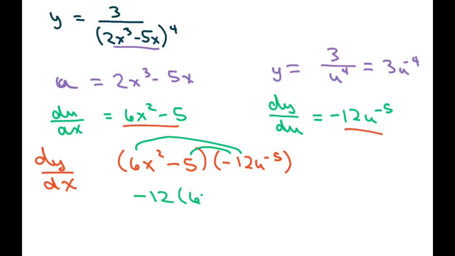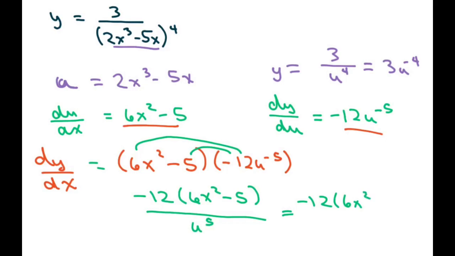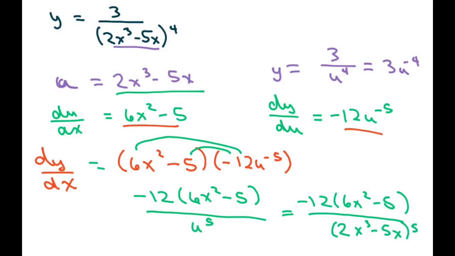So we get 6x squared minus 5 over u to the 5th. So this is going to be negative 12, 6x squared minus 5, over my u, which happens to be 2x cubed minus 5x to the 5th. And I'm just going to leave it like that.